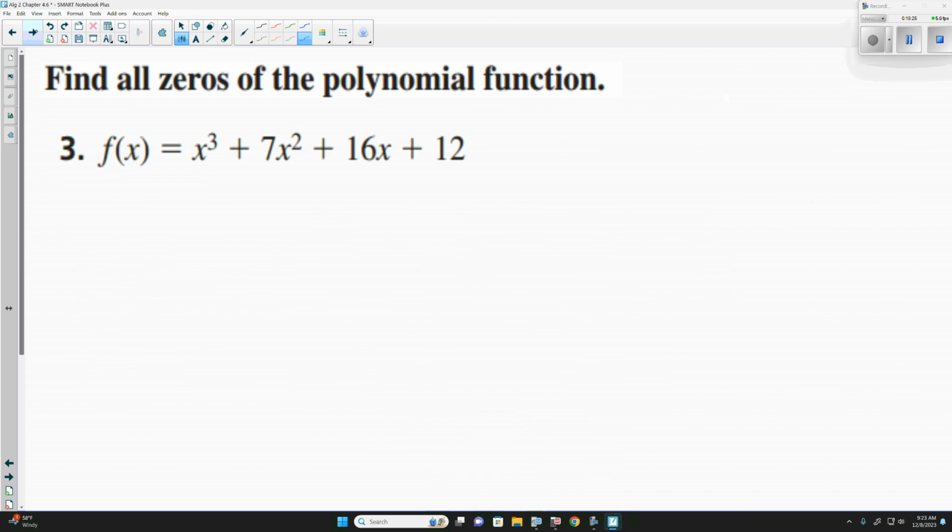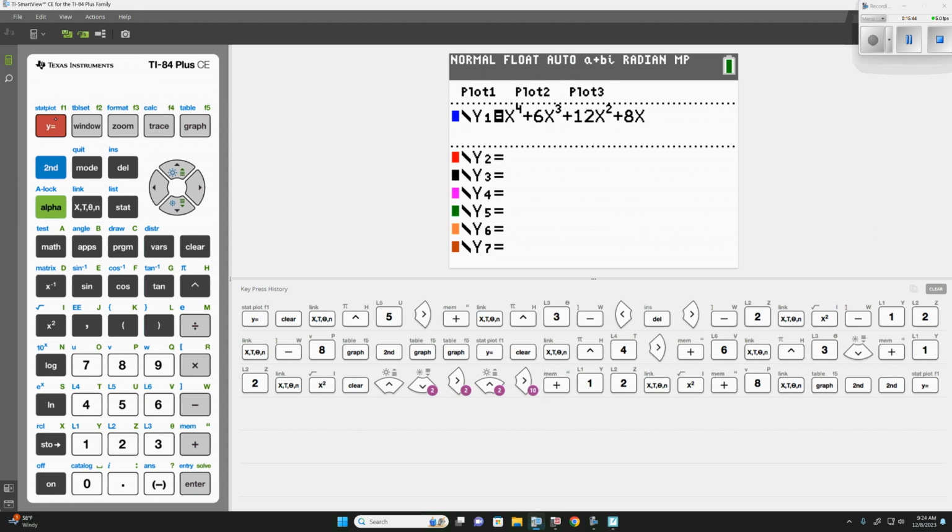But in any case with any of these here, we're still trying to find the number of zeros so that we get the degree down to at least, or at most, a degree 2, a quadratic. So here, x cubed plus 7x squared plus 16x plus 12. I would graph it.